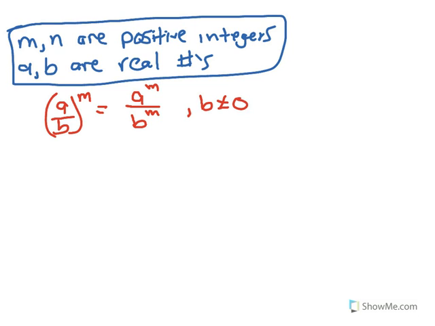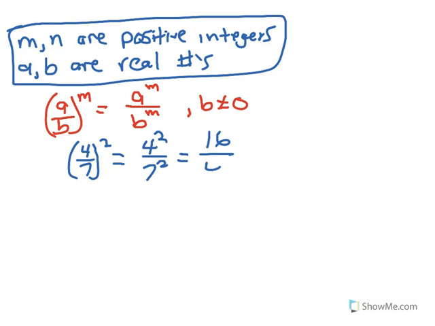If b was 0, you'd be dividing by 0, which we've established before is undefined. An example, let's say that we have 4/7 squared, and this is saying that would be 4 squared divided by 7 squared, which you can simplify to be 16/49.